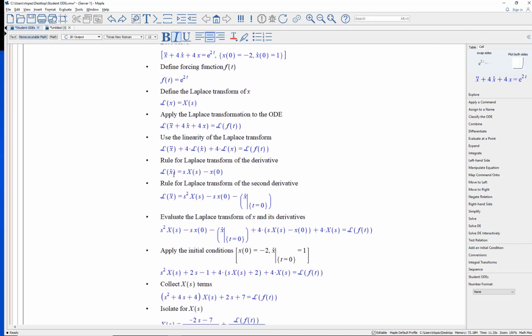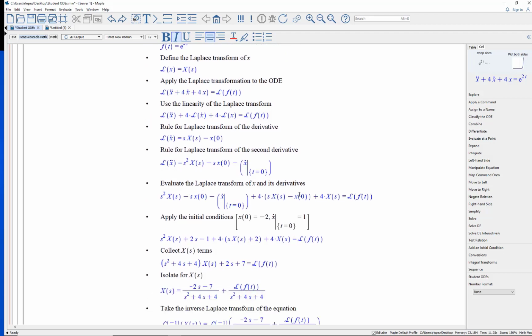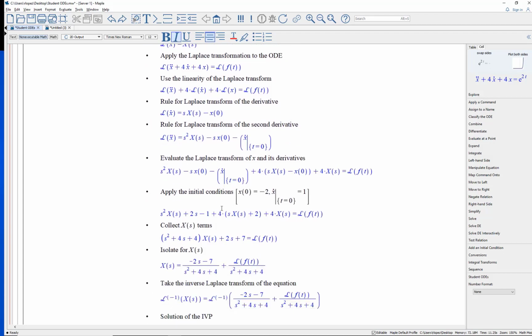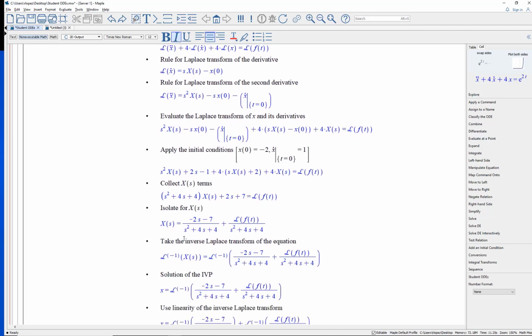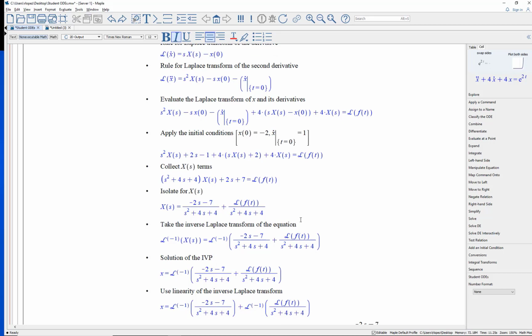It takes the transform of the first derivative, then the second derivative, puts it together, applies the initial data, collects terms, and solves for X of s, and it keeps two separate pieces and calls this the piece for the homogeneous equation and this from the driving term.